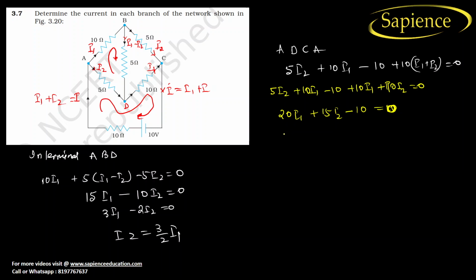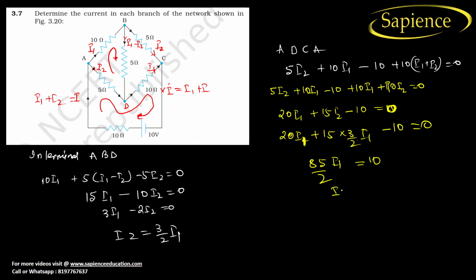Now put the values of I2. So this will be 20I1 plus 15 into I2, means 3 by 2 I1, minus 10, that is equal to 0. So this is 20 I1, right? 85 I1 by 2 is equal to 10.